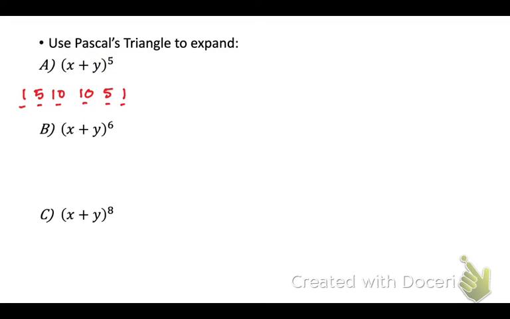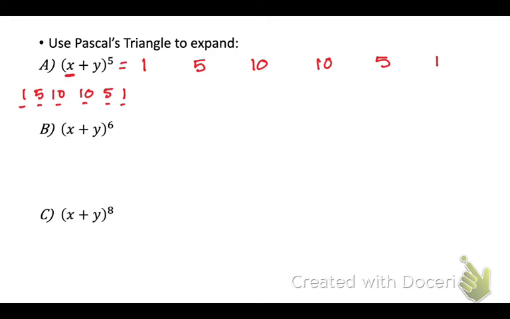And how we're going to do it is our coefficients are going to be 1, 5, 10, 10, 5, 1. Okay? Now, whatever the first thing is, it could be 2x, 3x, whatever.